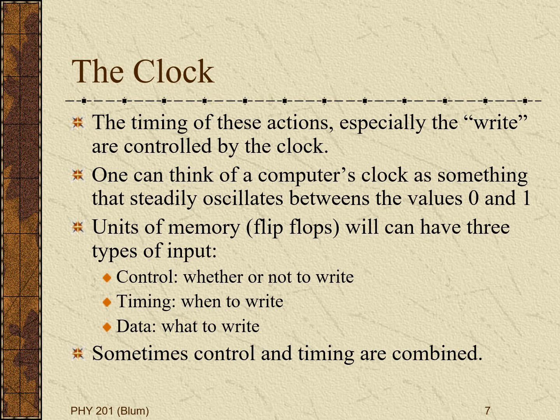Our flip-flops are going to have a number of kinds of controls. One control will be whether or not to write, and then there'll be timing controls, when to write, and then there will be data controls, what to write. And sometimes we will find the control and timing are in some way combined.